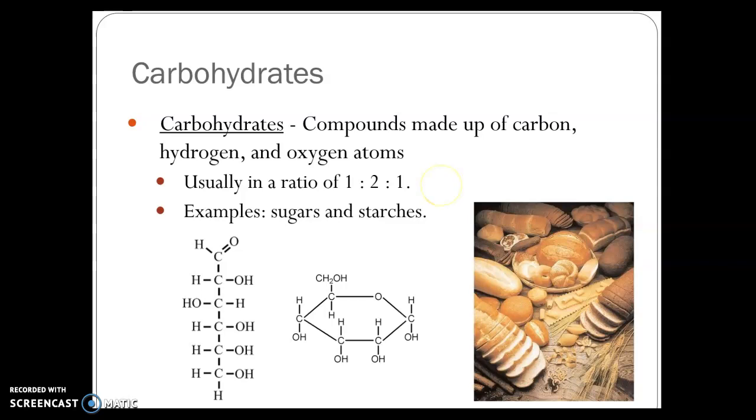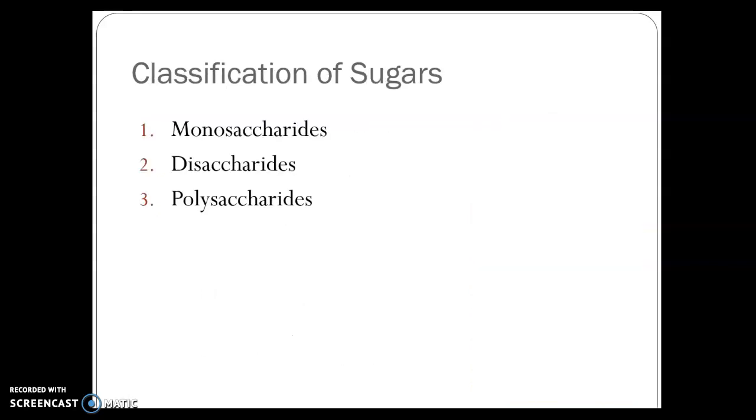But they're all made up of CHO, carbon, hydrogen, and oxygen, and they use a 1 to 2 to 1 ratio. So the most common one that we see is glucose, which is C6H12O6 if you wrote it out, and you see that a lot in biology and other science classes, because when you talk about photosynthesis and cellular respiration and stuff, it uses that glucose as an example.